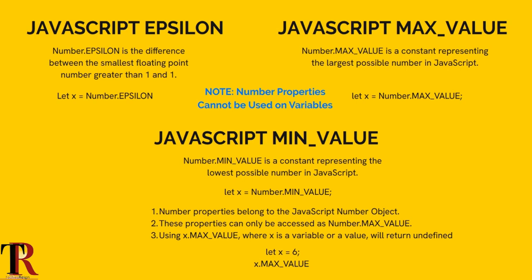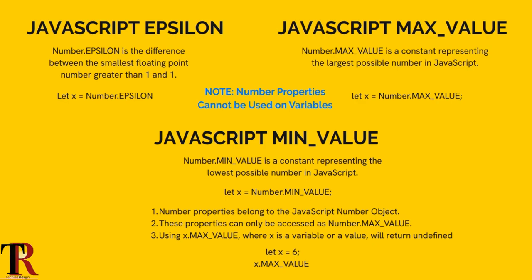And that is why it says here that Number.MAX_VALUE is a constant representing the largest possible number in JavaScript. So this simply means that this is the largest possible number that JavaScript can represent before it becomes infinity. You remember that in the previous lesson we showed how we can get an infinity when JavaScript cannot represent a value, it just gives you infinity.